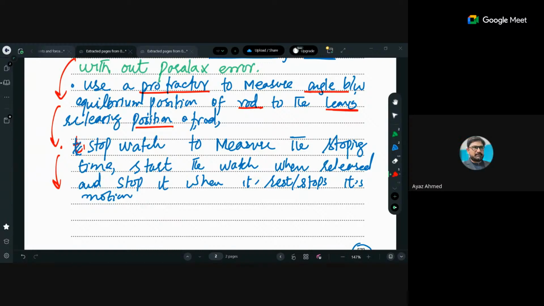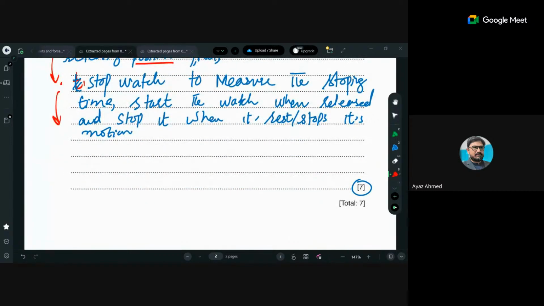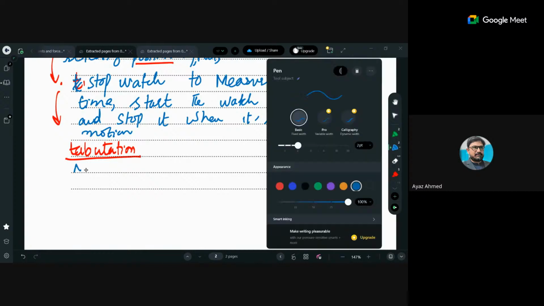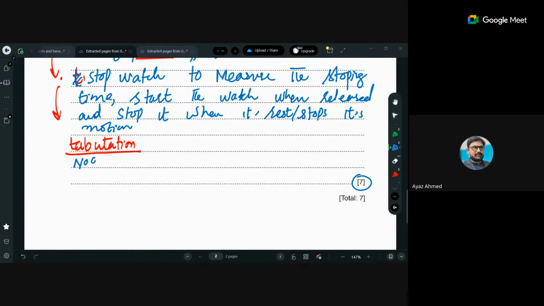Now what to do? Now you will proceed to the table. Table means tabulation. In table, what is important? The important thing is, here you can say the number of observations. Secondly, whatever the variables you have selected, not all, but whatever the variables.